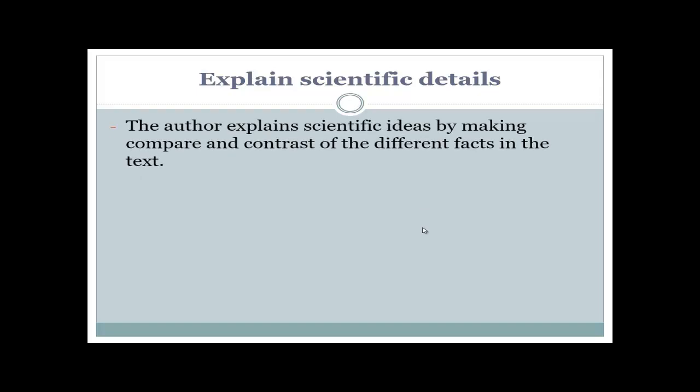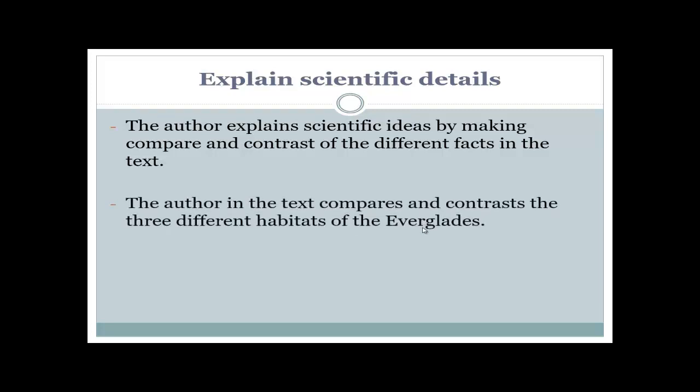As we said before, the text includes different scientific details. So how does the author explain or highlight the scientific details included in the text? In order to explain the scientific ideas, she compares and contrasts different scientific details.